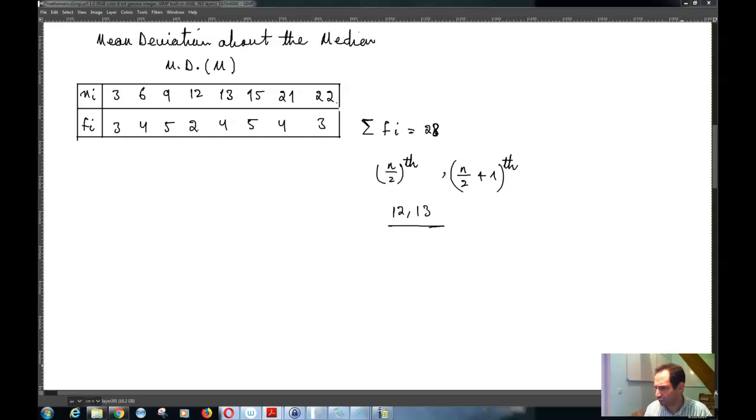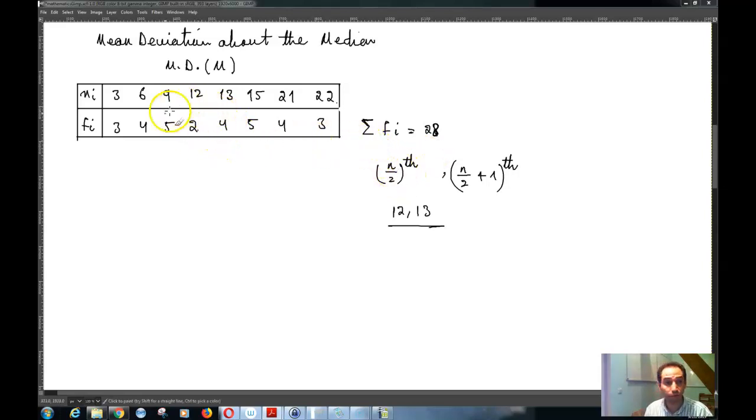It seems that both of them end up in 13. Now let me see what I did wrong. I probably made a mistake in the number of observations.